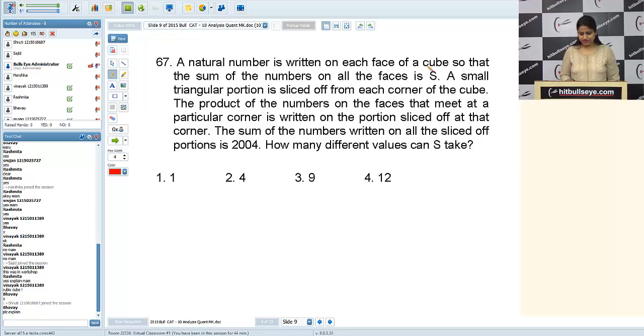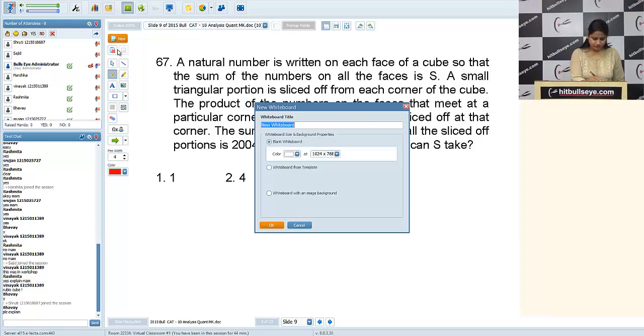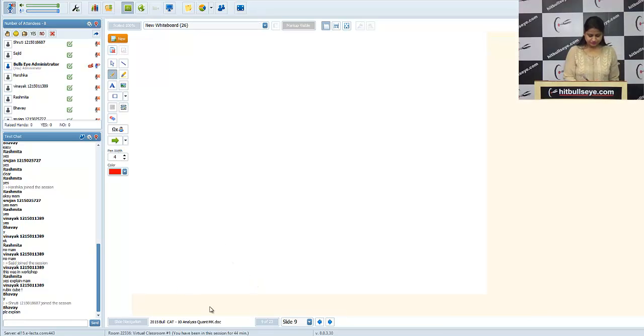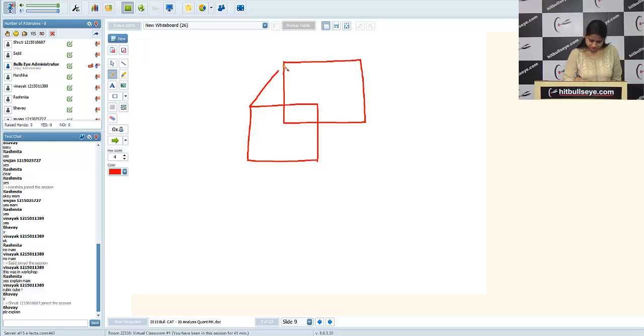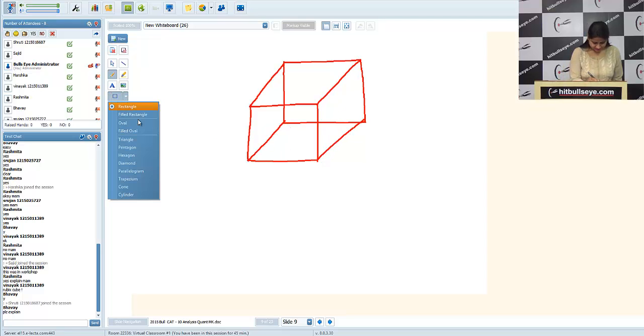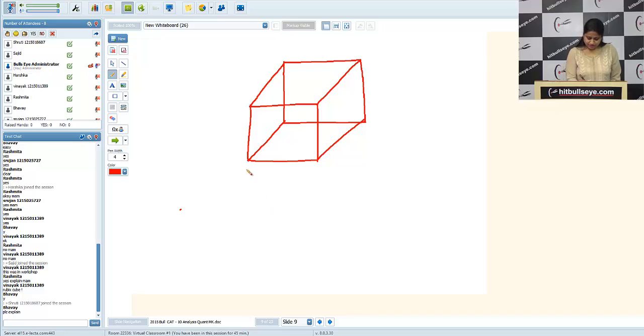So what we can do here, see, you have to visualize this actually. So we have a cube. Let us start now. I'm naming them. So now what is given? If I take this face A, B, C, D, you have to visualize it.